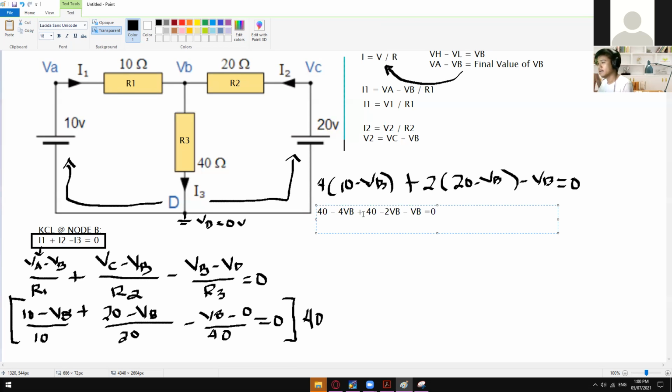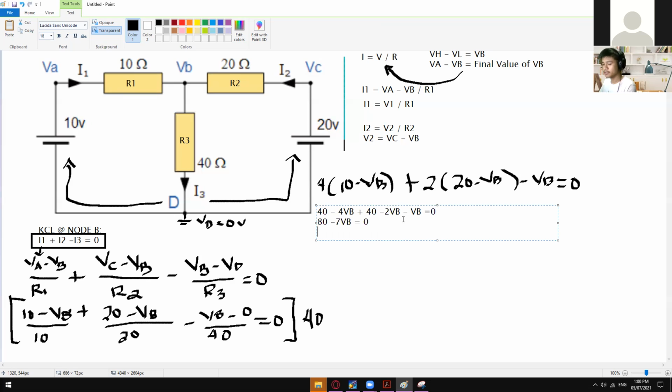And then from here, you can now add similar terms. We have 40 plus 40 is equal to 80, and we have VB: minus 4, minus 2, and then minus 1, so it's negative 7. Negative 7VB is equal to 0.